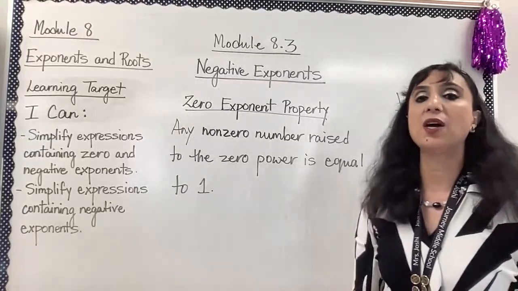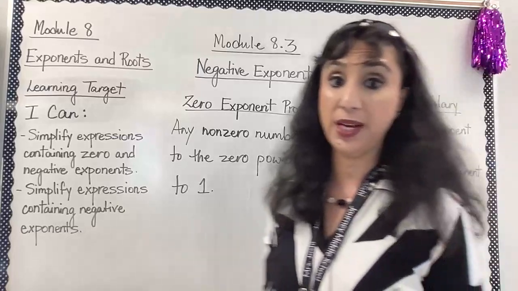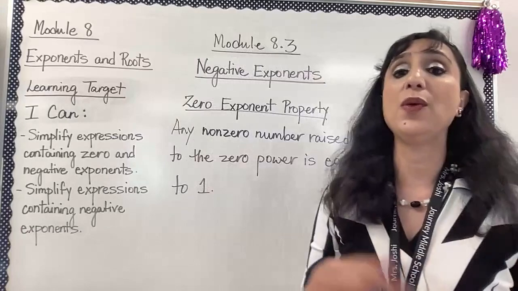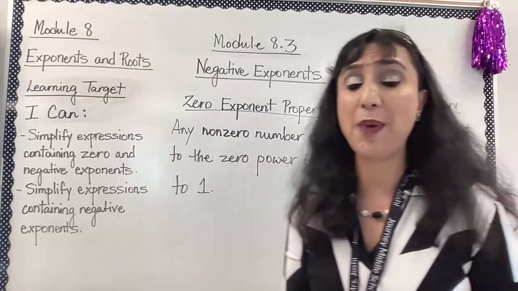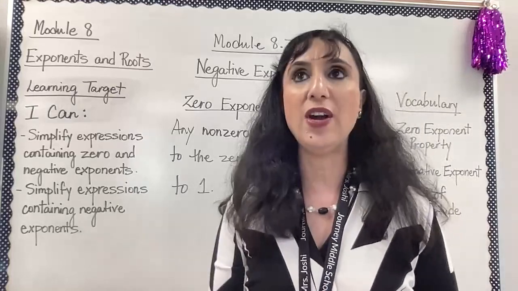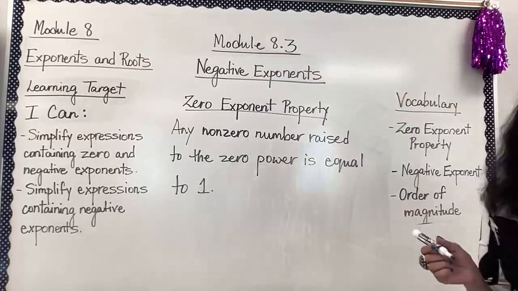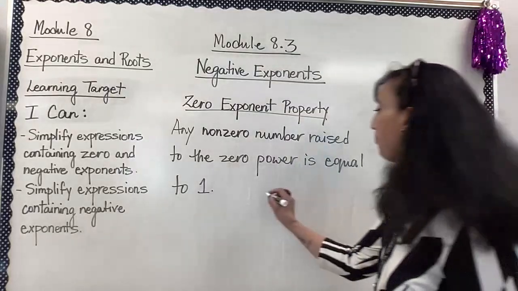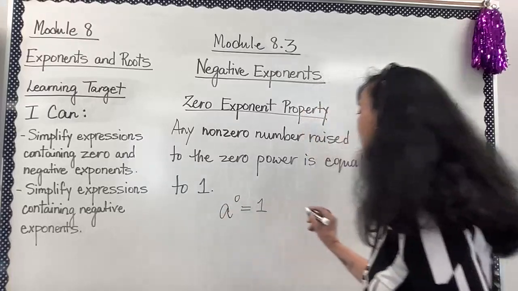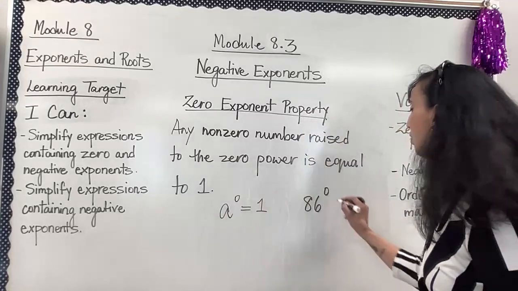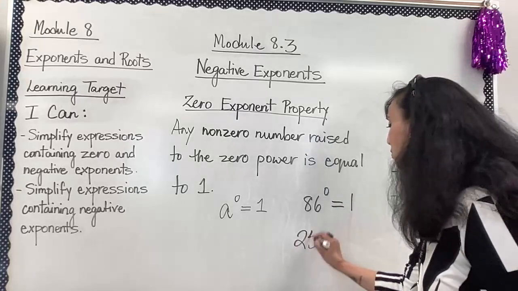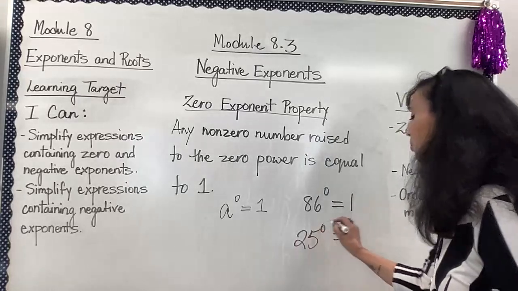Okay, so let's talk about the zero exponent property. That basically tells me that any number which is raised to the 0 power is going to equal 1. For example, a to the 0 power is equal to 1. 86 to the 0 power is equal to 1. 25 to the 0 power is equal to 1.